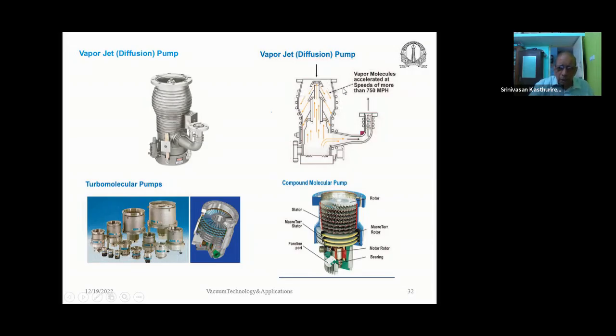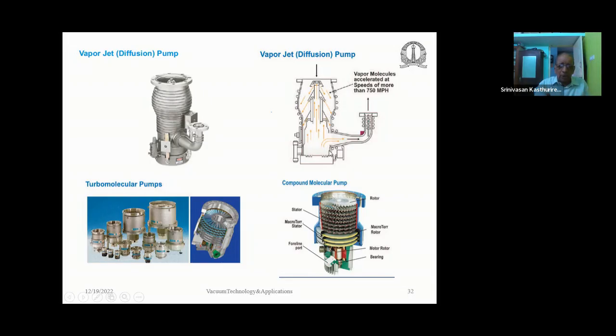You can also see a set of pipes which are wound over the diffusion pump, and these pipes carry cold water. As the jets move downwards, the vapor strikes the walls, the oil is condensed, the vapor jet becomes oil and gets collected at the bottom.